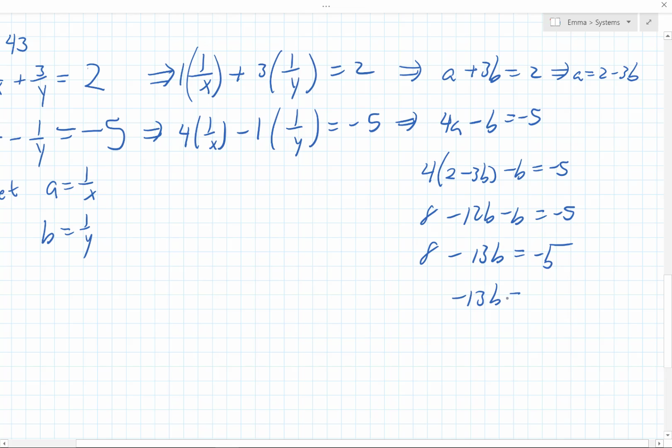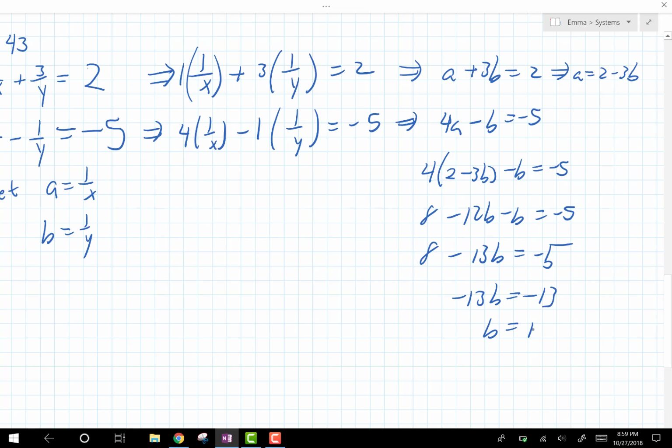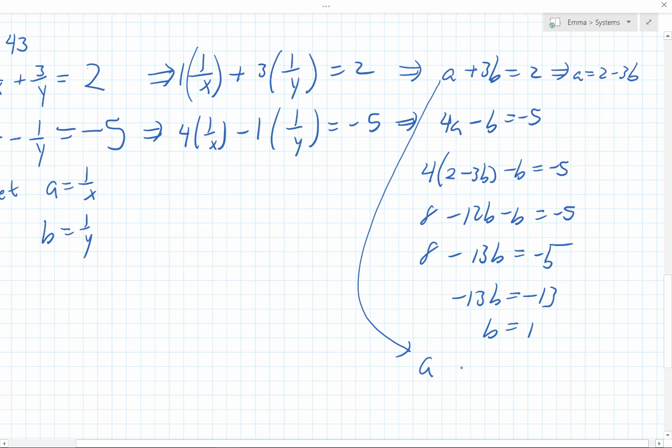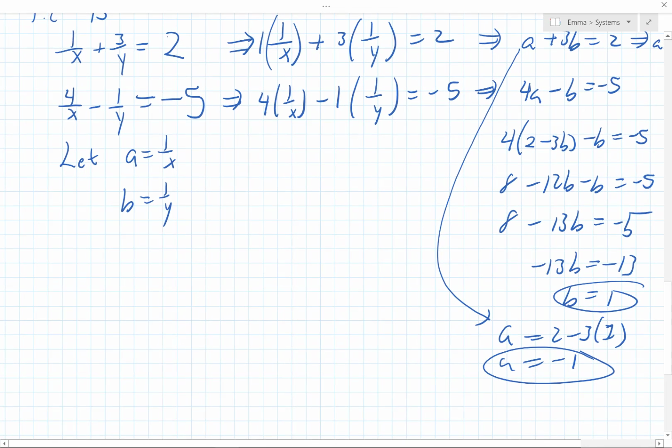So looks like b is 1. And then you plug it back in to that first guy. So a will equal 2 minus 3 times 1. So a is negative 1.